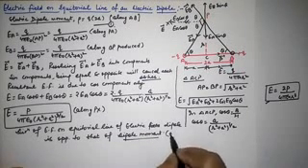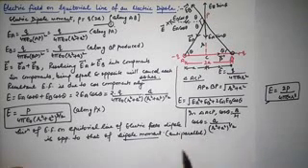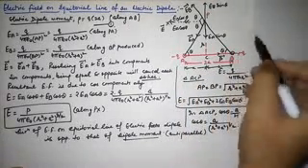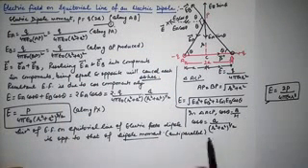Means we can say anti-parallel. Dipole moment is acting in this direction, electric field is acting in this direction. So electric field and dipole moment are anti-parallel.